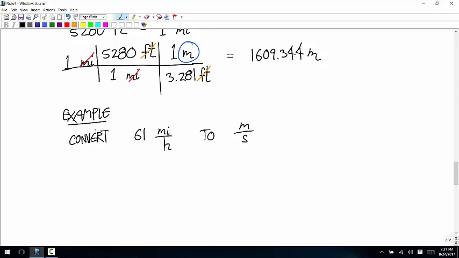So let's use the one we just came up with: 1 mile is equal to 1,609.344 meters. That's just because I rounded off too much. That's a significant figures issue, but we don't care about that here.